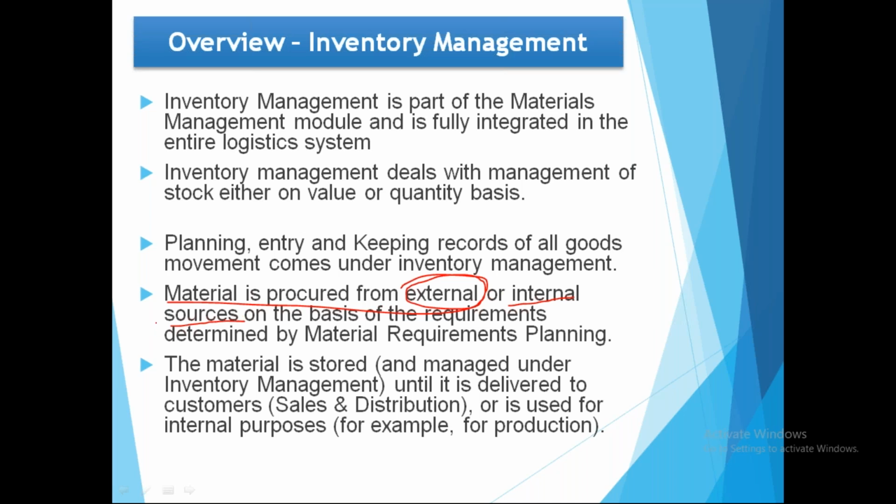This planning is normally done by MRP, which we discussed in our previous classes. So from that MRP, you will be procuring the materials. Either you produce the materials or you procure the material from the suppliers.